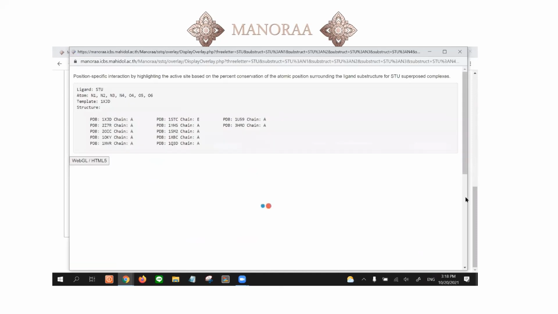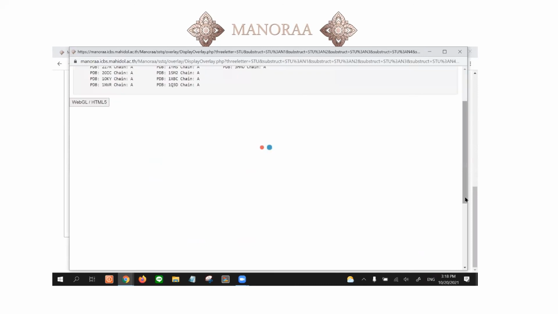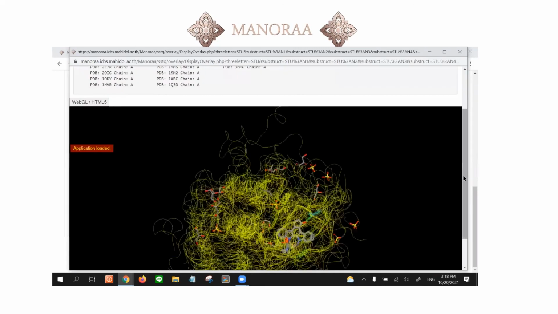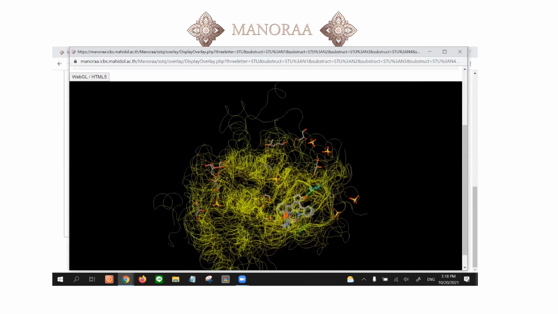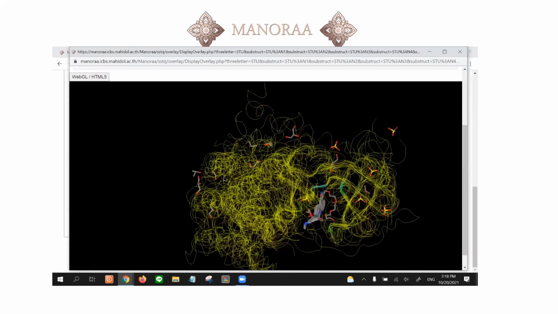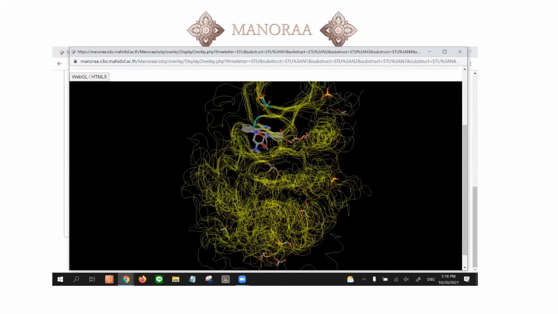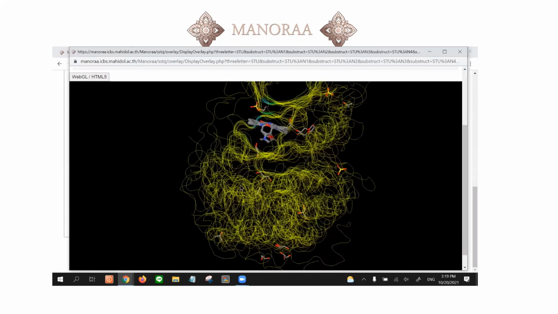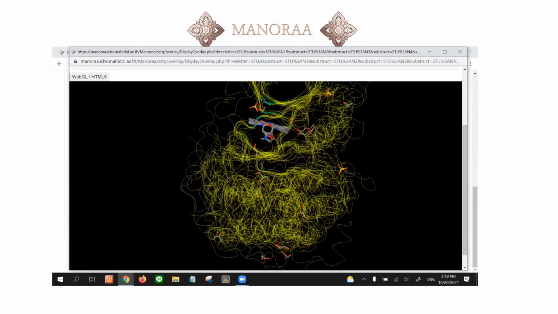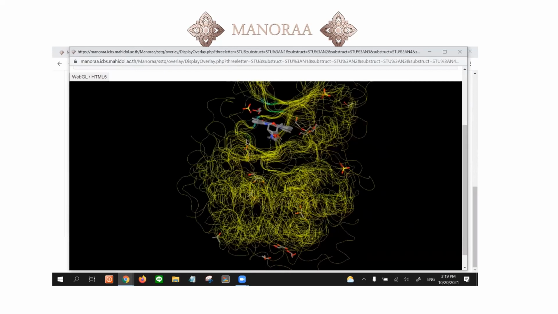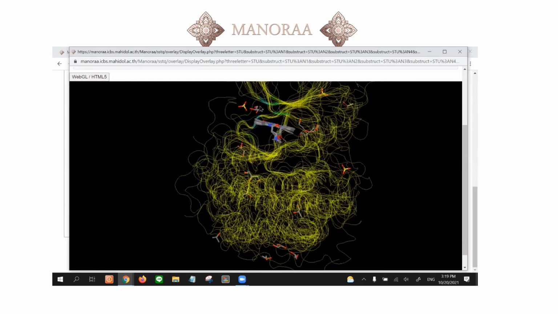It will superpose all the structures with that ligand on the list of atoms that you input, and the flexibility of the atoms will be represented by yellow, fading to green, to cyan, to the most superimposable in blue.